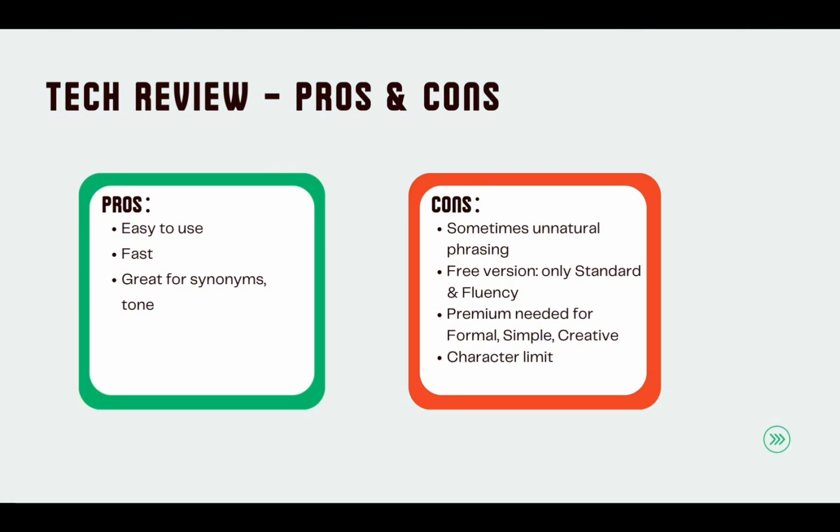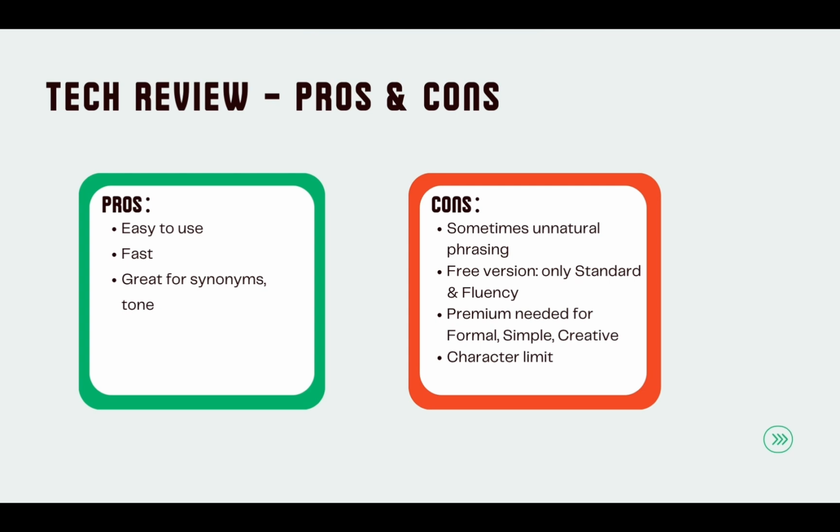But there are also some limitations. Sometimes Quillbot's changes are a little bit unnatural or too advanced, especially for lower level learners. So it's important that teachers guide students to compare and reflect, not just copy. Also, the free version only gives access to two paraphrasing modes, standard and fluency.